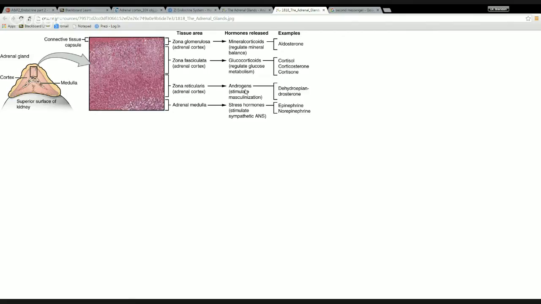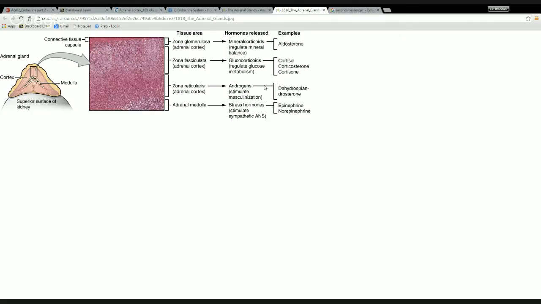So the area that releases androgens is also going to release something to stimulate glucose metabolism to provide energy for the anabolic processes that androgens are going to be responsible for. So physiologically, they do have to go together.